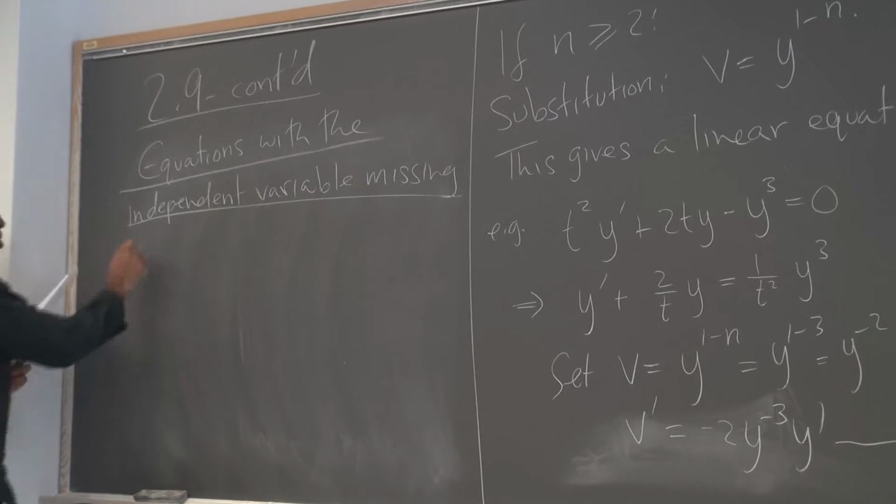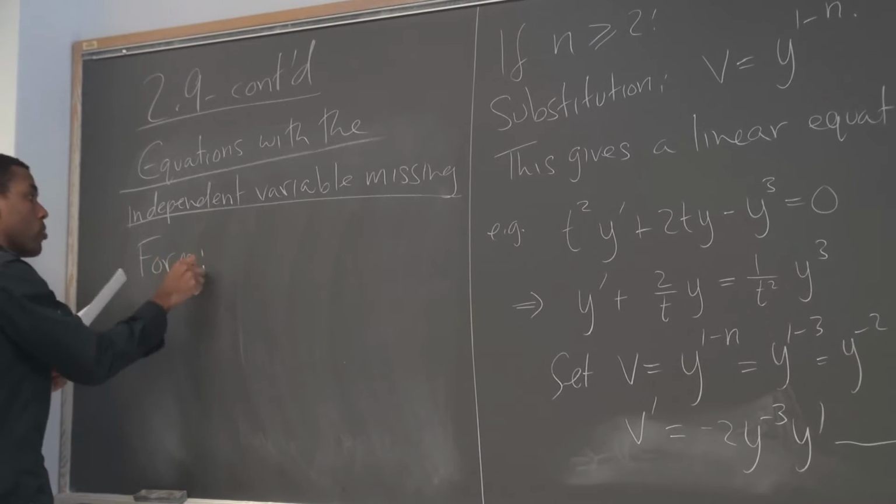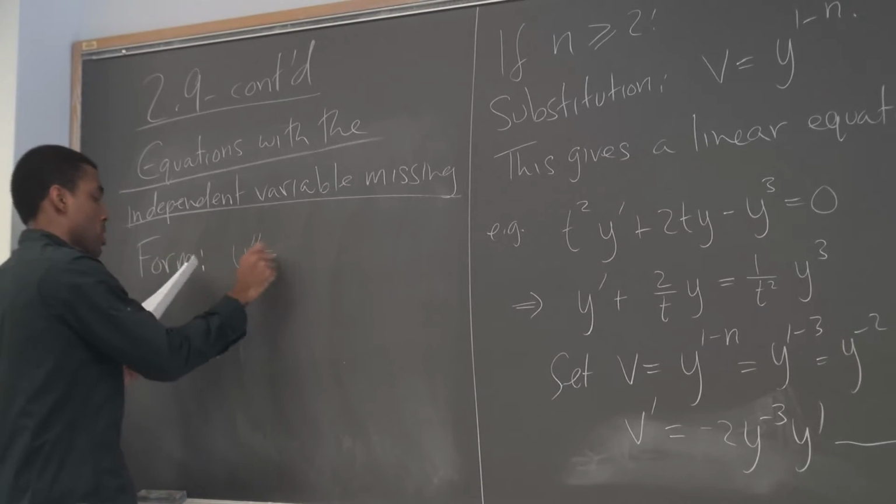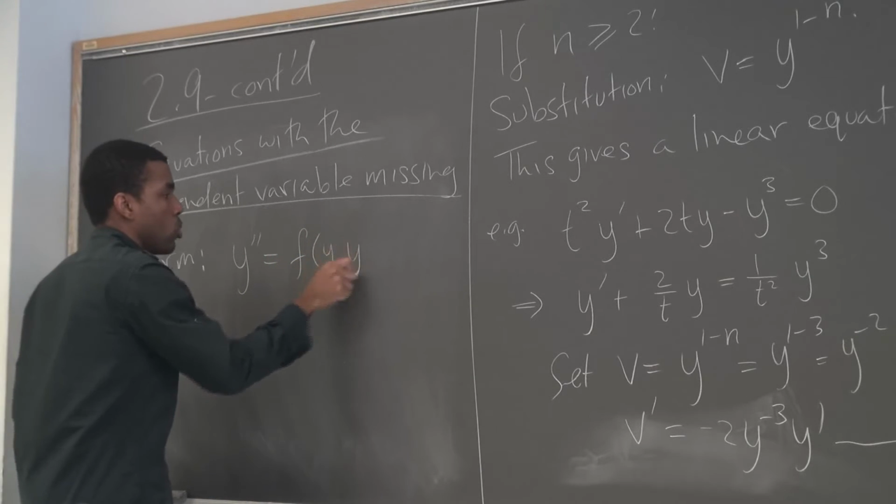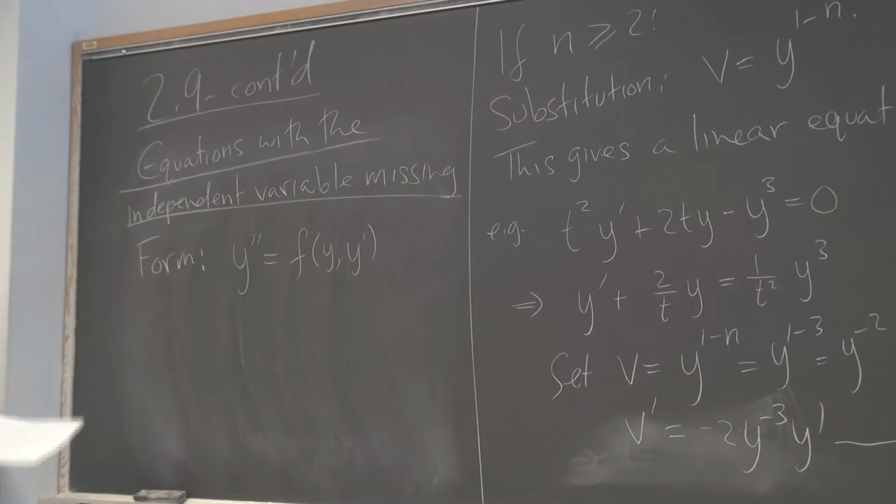The form is if we have something like y double prime equals f of y and y prime, meaning there's no t, there's no independent variable.